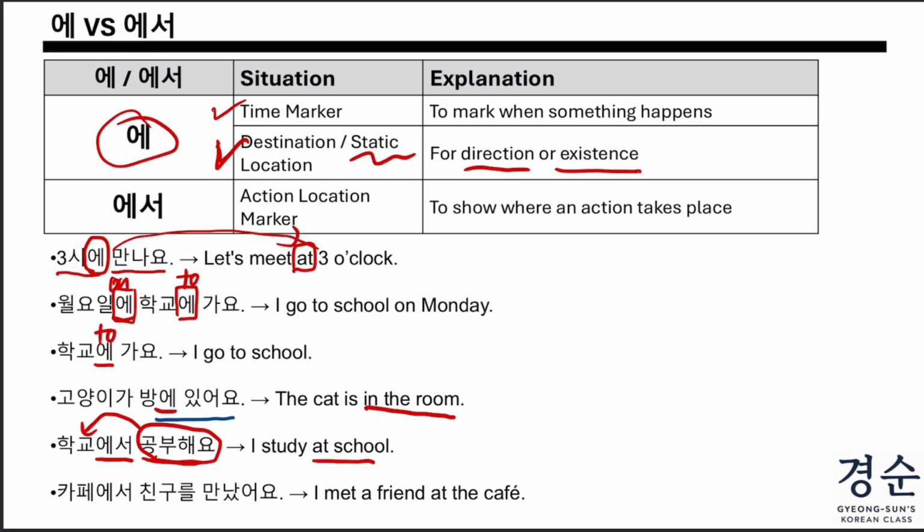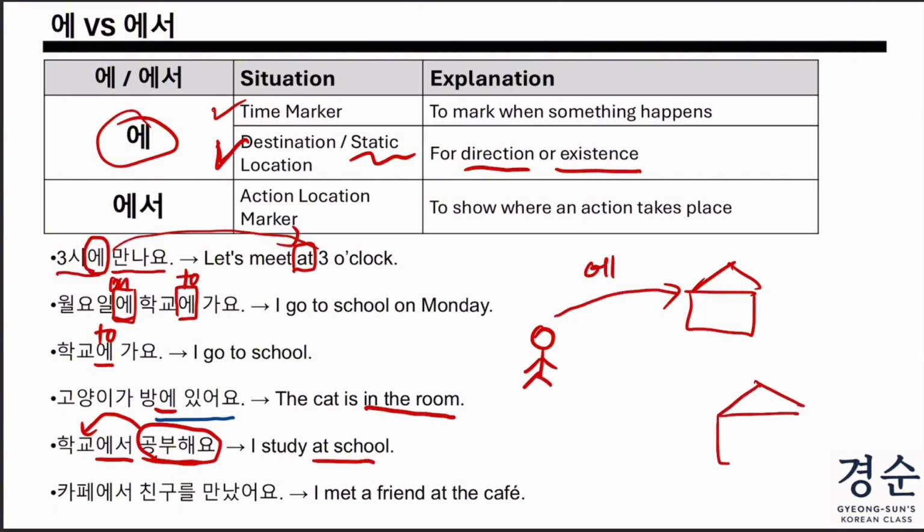So instead of 에, we use 에서 because, for example, this is you, okay, and this is the school, right? You go to the school, we use 에. 학교에 가요. But once you are in the school and you do some reading, you do some studying, 학교에서.